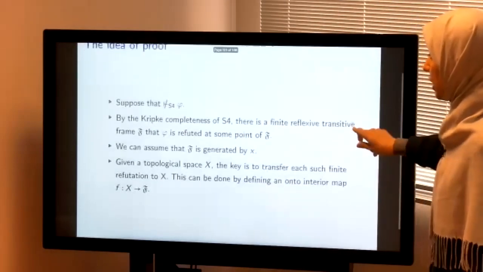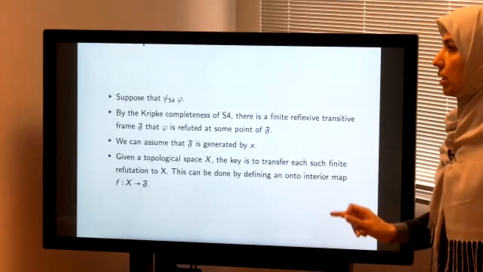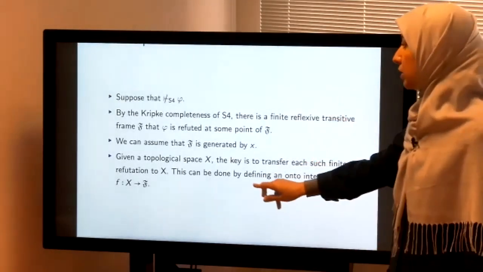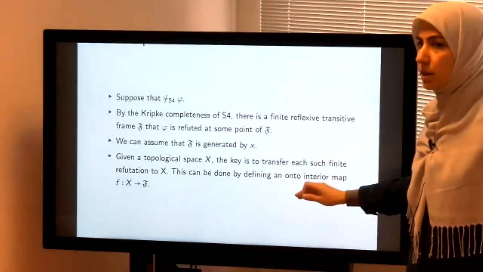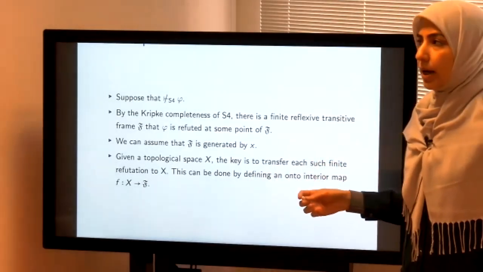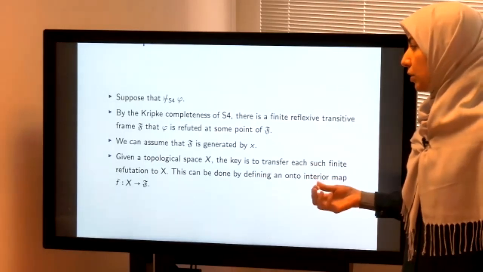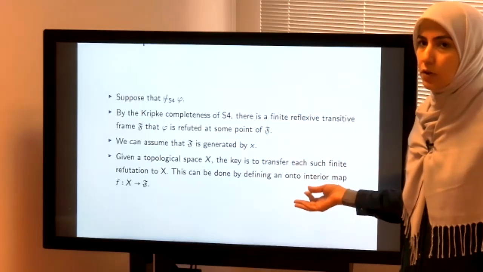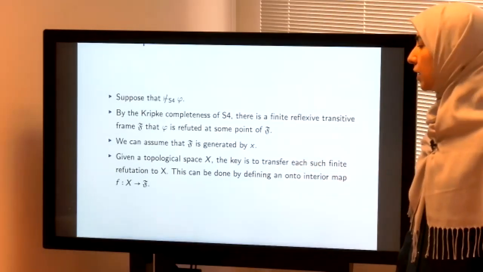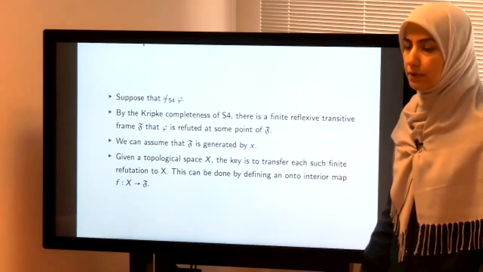So the main challenge in the proof is to construct such a function. It's not very easy to construct this function. And I'm going to try to explain how we can define such a function for any finite reflexive transitive frame.